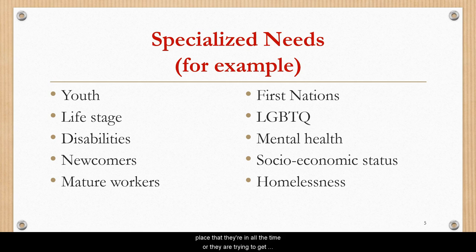Or they are trying to get back into the labor market or get into school and they don't have enough money to do so. Those are just some examples of things that might relate to socioeconomic status. And then of course homelessness, trying to look for work when you have no fixed address, no way to shower yourself and dress in nice clothes to go on an interview. So you want to also have resources to work with those clients as well.